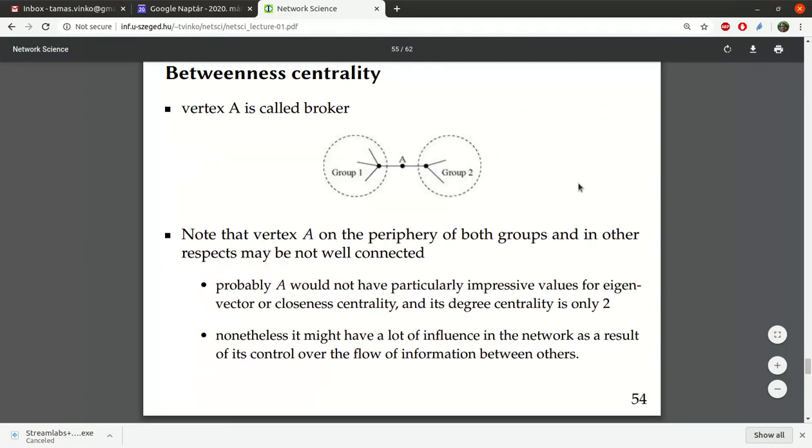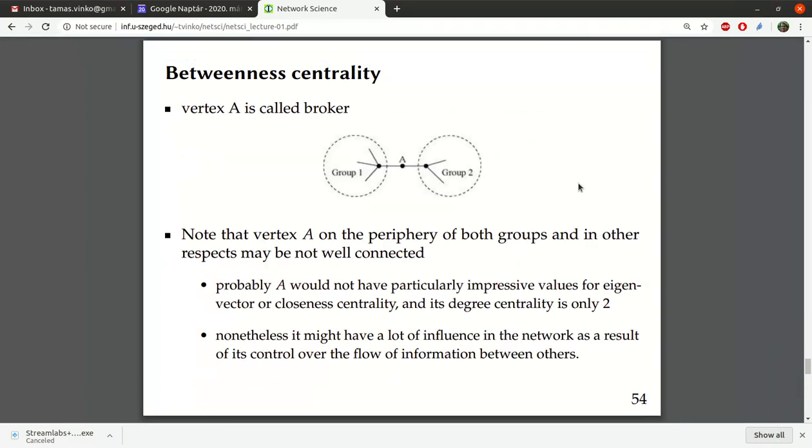So let's continue with the next slide, which demonstrates the importance of a node with high betweenness centrality.